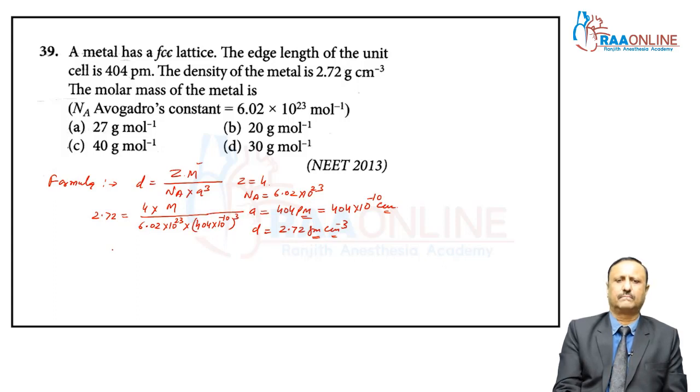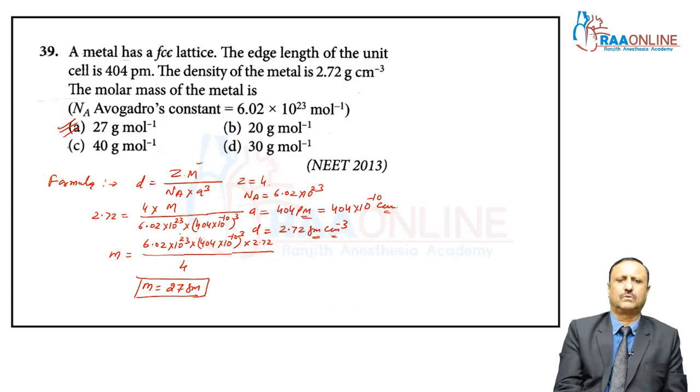Now we can solve this problem. Here M is equal to 6.02 into 10 to the power 23 into 404 into 10 to the power minus 10 whole cube, multiplied by 2.72, and this whole value is divided by 4, because 4 is multiplied with M. So, my dear students, you get the molar mass M equal to 27 gram, and this is the answer when you solve this question.